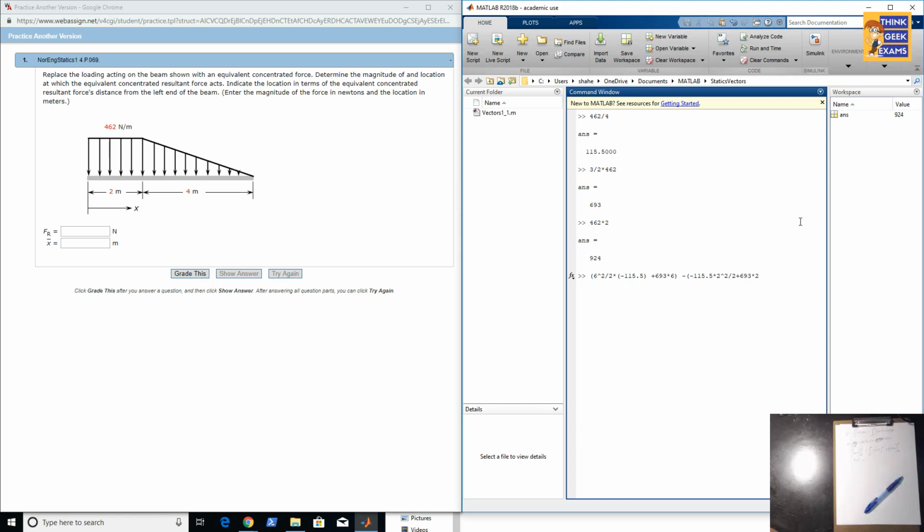And that should give me 924. Okay, 924. Yeah, that is correct, because we are getting half on this side and half on that side.